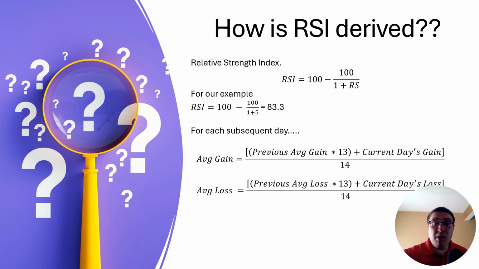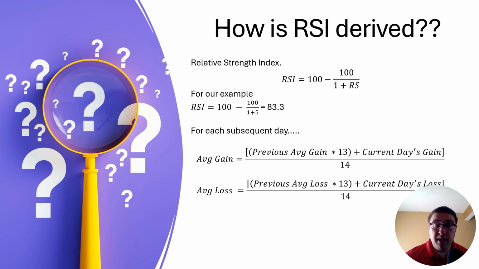Now, after you have your initial period, you can do an average gain or average loss formula, which in the case of average gain, is the previous average gain times 13, which is accounting for the last 13 days, plus the current day's gain, divided by 14. And likewise, the opposite for average loss.